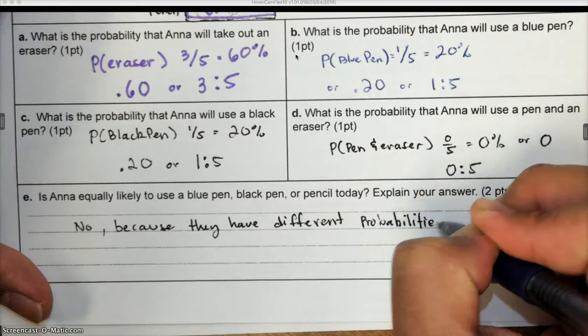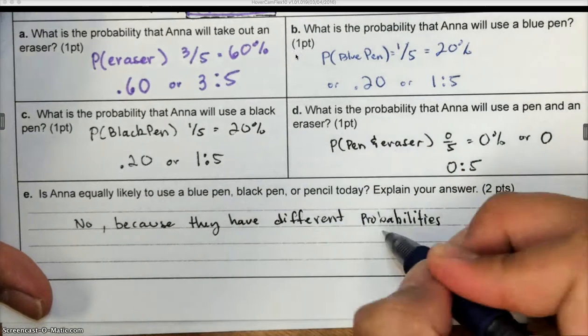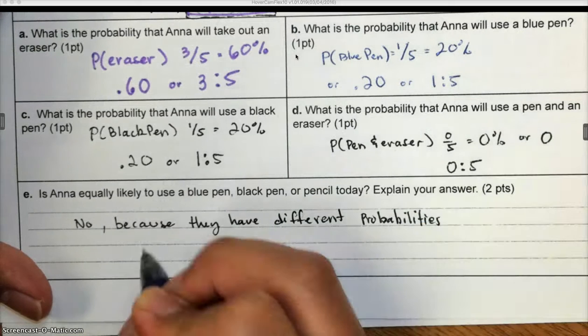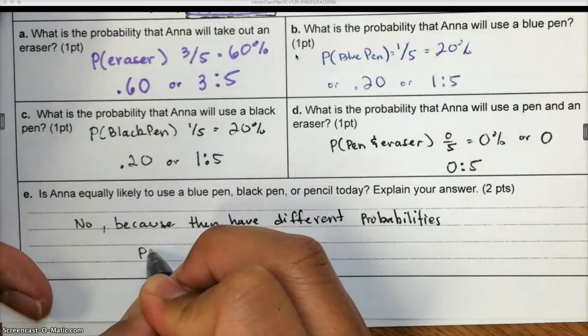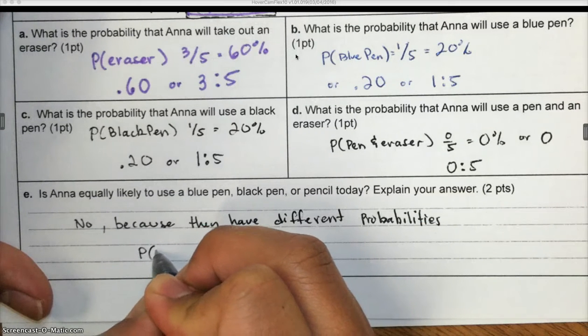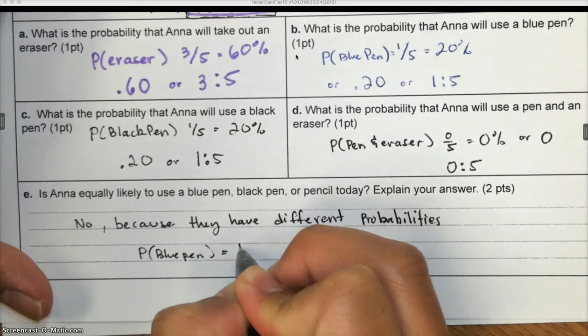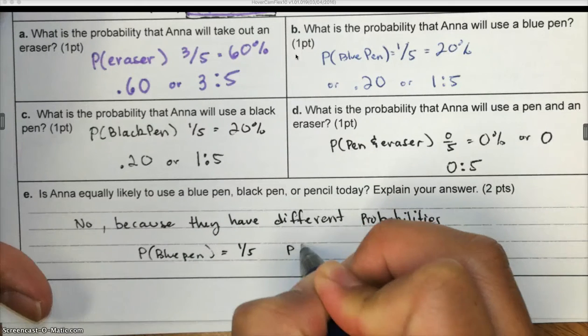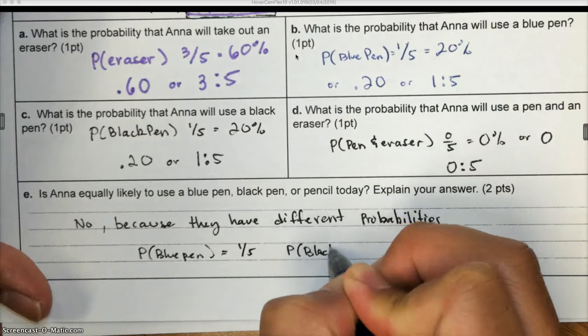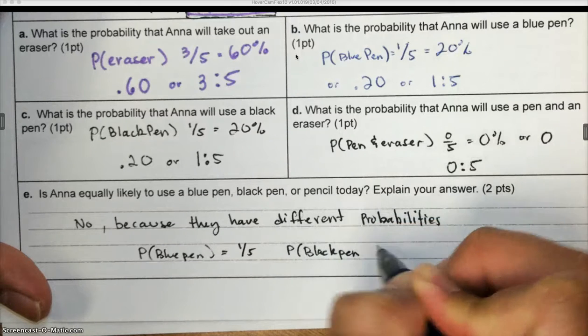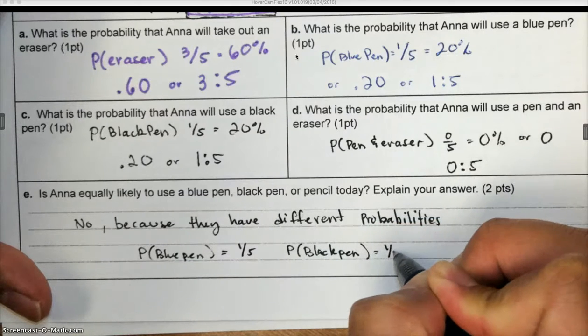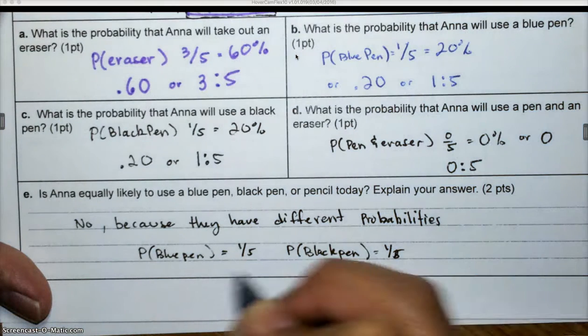And I'm just going to list them just to make sure that I'm clear about the differences. So the probability of blue pen is 1/5. Probability of black pen is 1/5. These are equally likely to each other, okay?